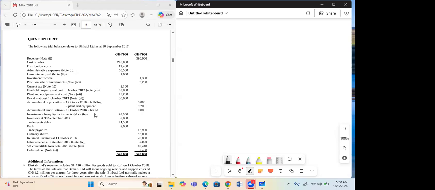Are they saying that they bought the property after the year end? The financial statement itself is being prepared at 30th September 2017. That date was wrong. I think they corrected it to 1st October 2008.